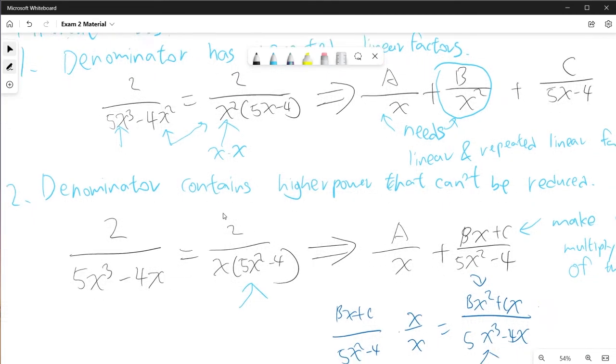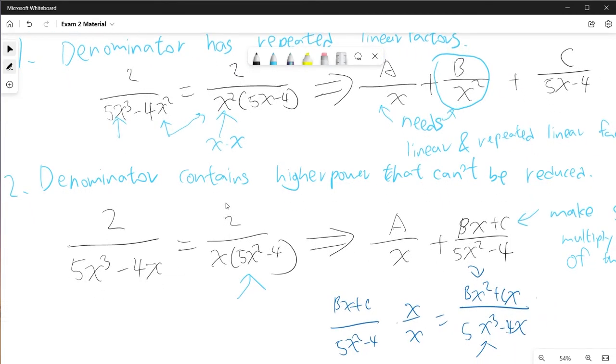Right, and then here, in case 2, what I changed is that instead of the minus 4x squared, I have minus 4x. So in this case, the x can be factored out, right? It's just an x, but then the remainder of that part is 5x squared minus 4.